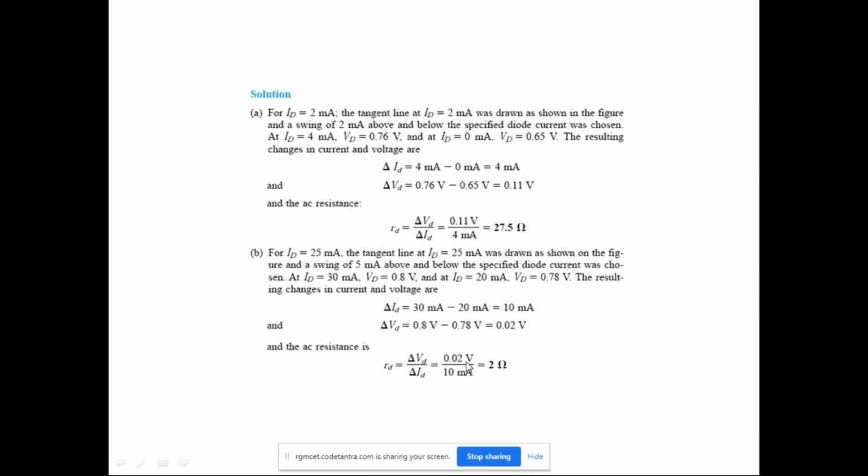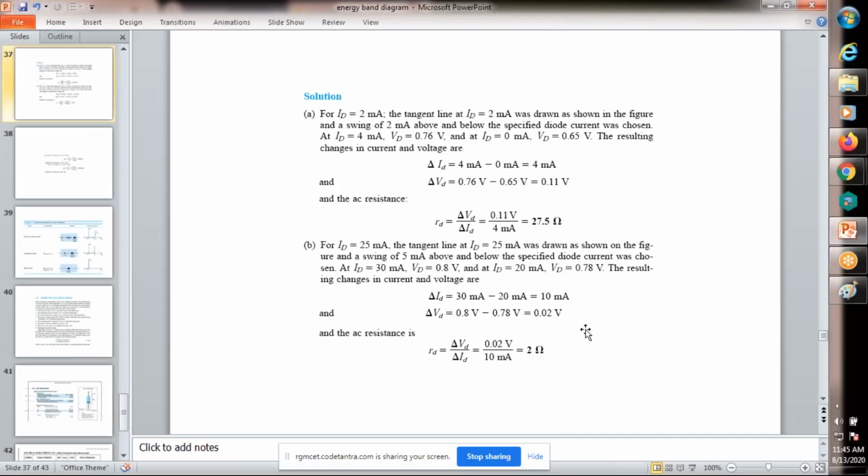So 0.02 by 10 milliamperes gives only 2 ohms. Like that you calculate the dynamic resistance as well as the static resistance from the graph, right?